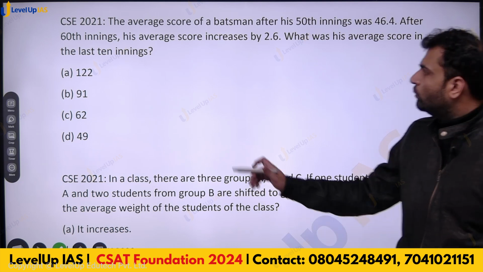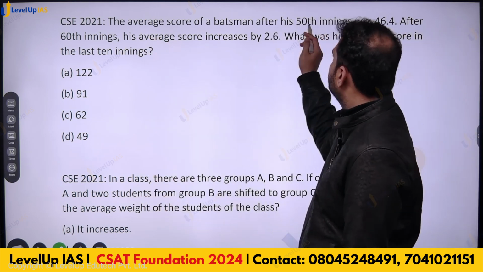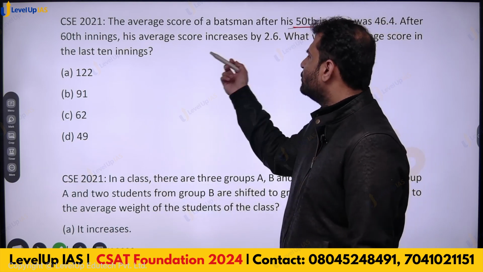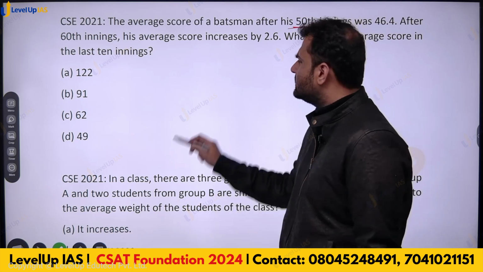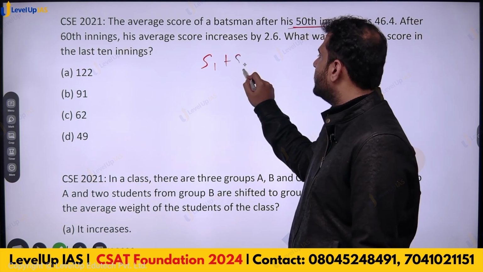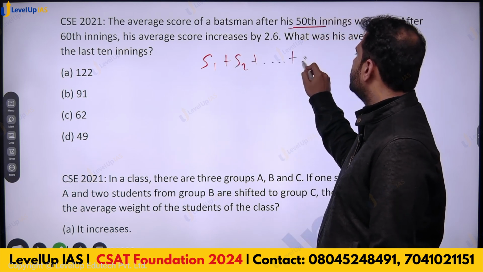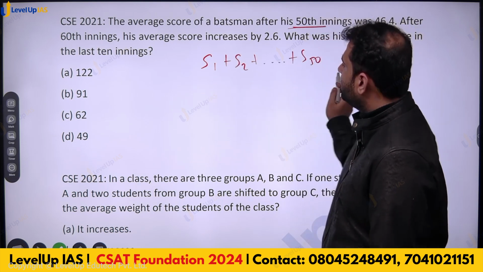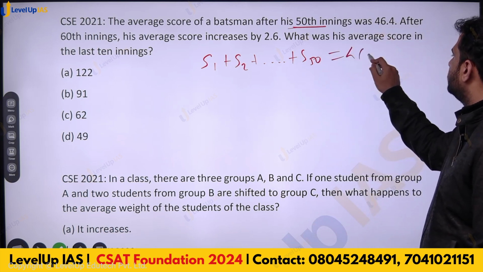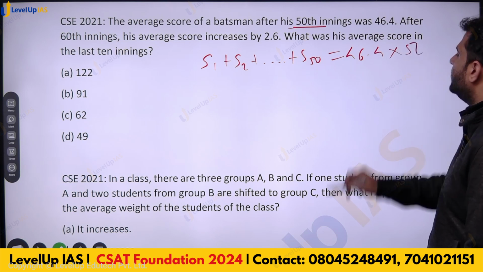Fine. What do we have? We have the average score after his 50th inning. Let us just write down the formula of average. So score in match 1, score in match 2, up to score in match 50, divided by 50 is equal to this 46.4. So this sum is equal to 46.4 into 50.